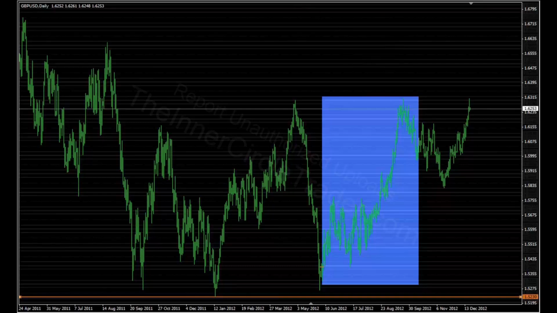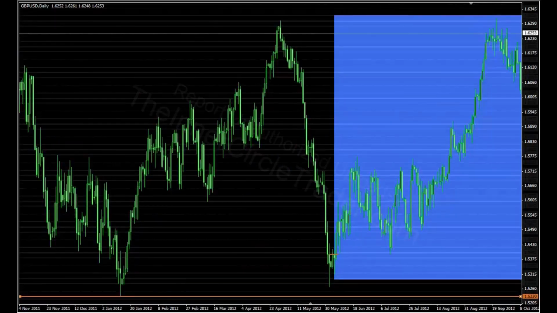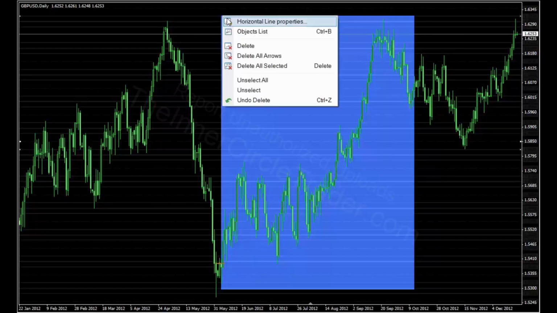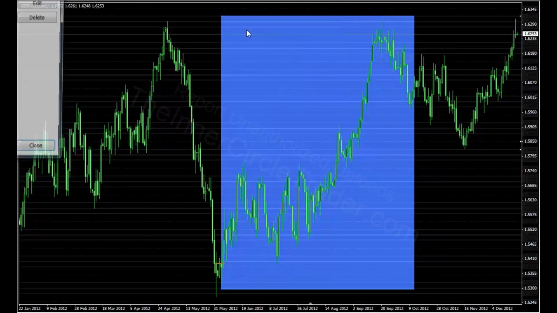Let's break this down and take a look at how you as a trader could be a swing trader. Now I'm going to have to unfortunately change the color of this rectangle because it's just a little too much blue. There's nothing wrong with blue. I just can't have it looking like this.